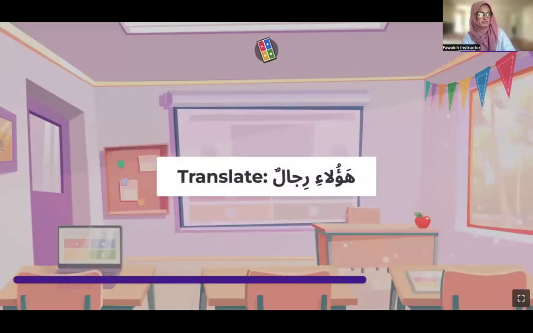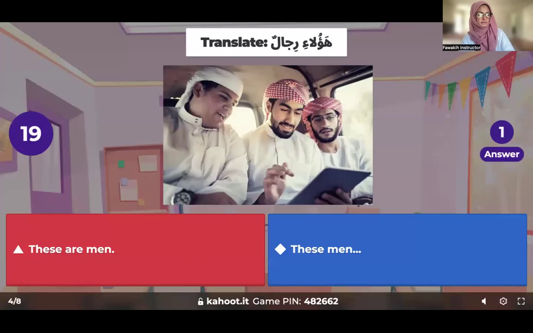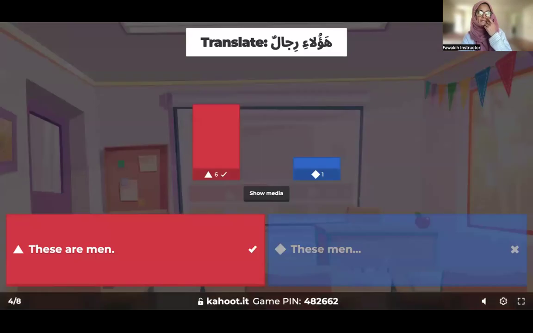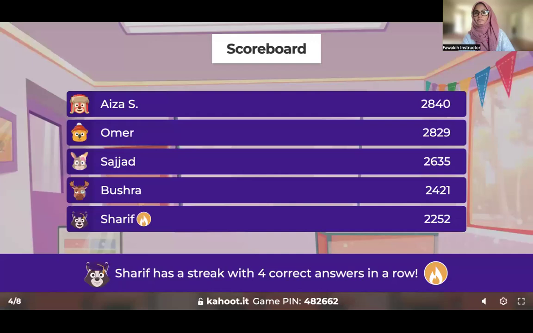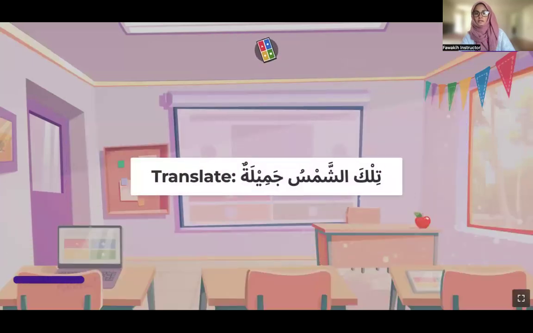Translate هؤلاء رجال. These are men. How would this look if it was these men? Anyone? هؤلاء الرجال. Yes, with an al. نعم هؤلاء الرجال. Translate تلك الشمس جميلة.